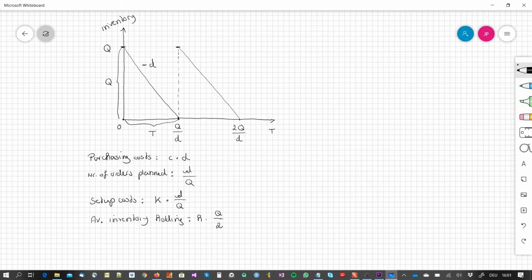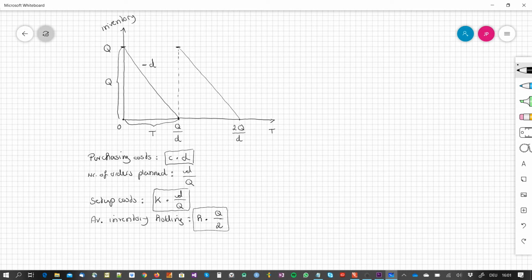And this multiplied by the holding cost factor H gives then the average inventory holding costs. So now we have all the cost components in place that we want to consider for our total costs.